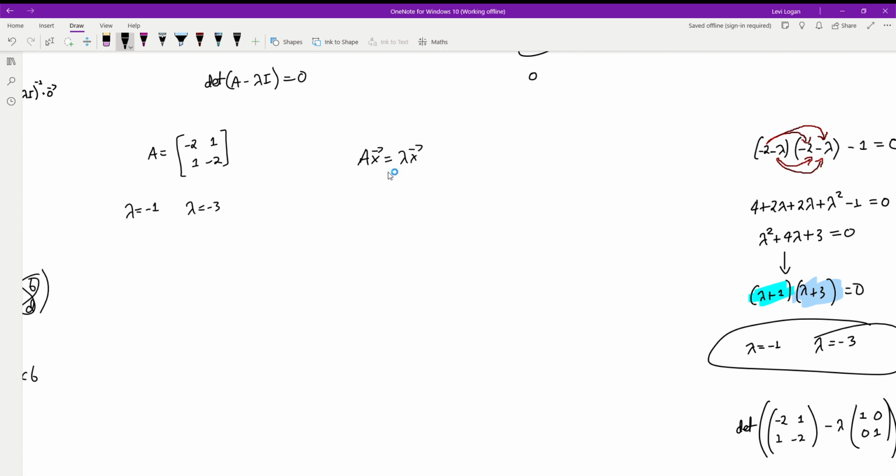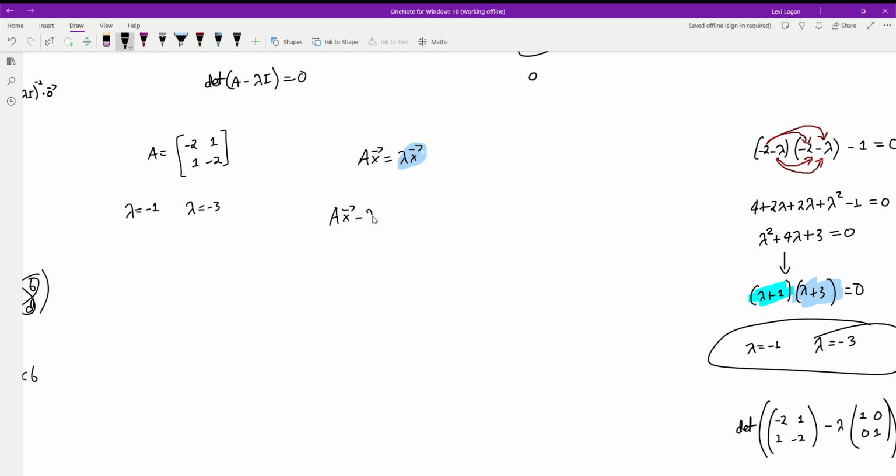Now, I wrote it down just before. The way we're going to do this is the same thing that we did before. We're going to move this bit over to the other side. So we're going to have the matrix minus, and then we put the identity matrix in there because we're dealing with matrices, not just numbers.